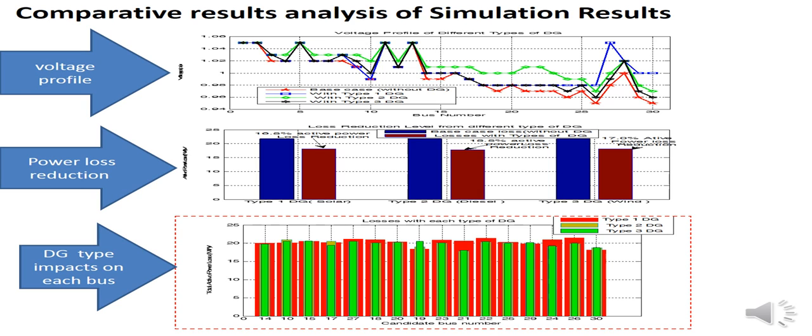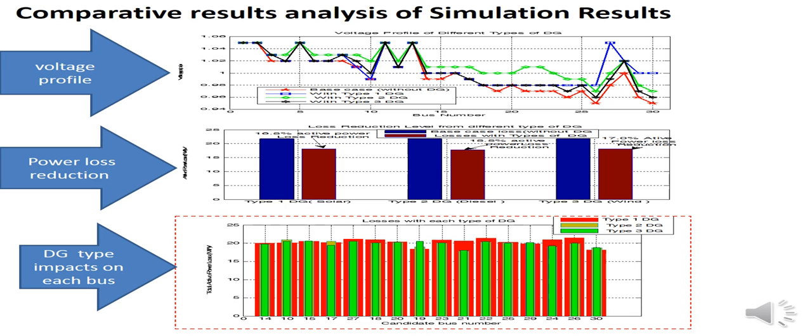Comparative result analysis of simulation results. There are three comparative results in this case: the voltage profile, power loss reduction, and DG impact on each bus.